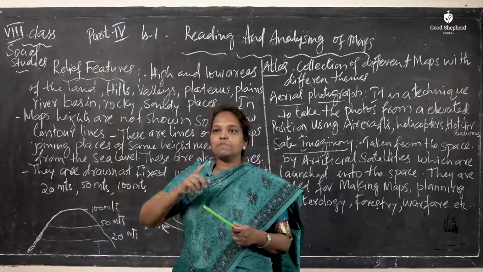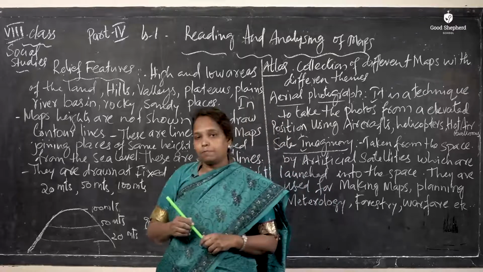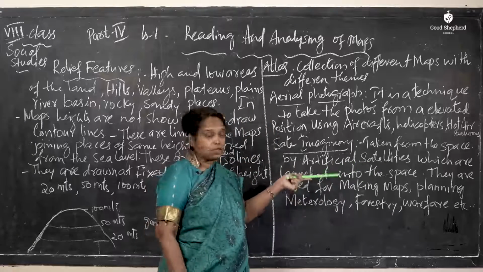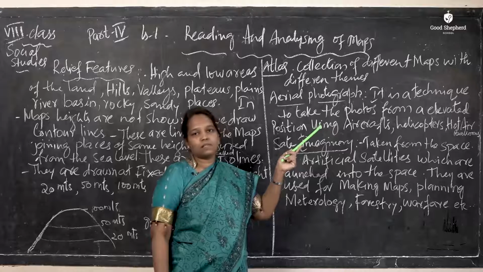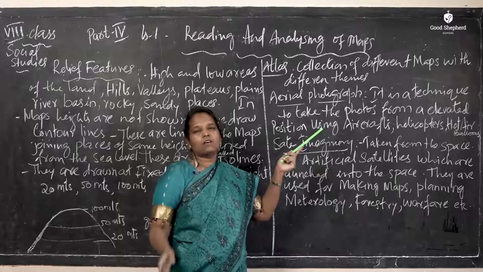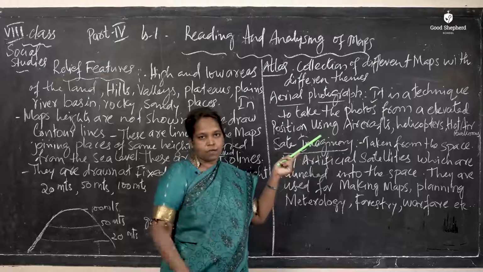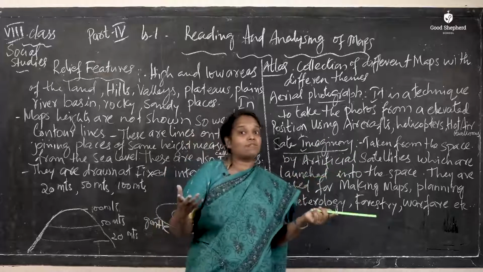So these are specially captured from space. These satellite images are clearer than the aerial photograph. The aerial photograph has no clarity and shows just a rough picture of the map, but in satellite imagery we can have the clarity.